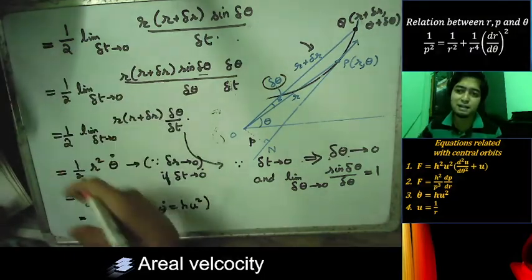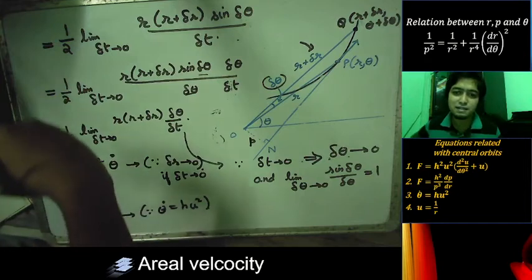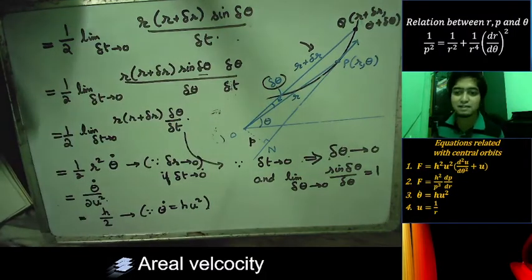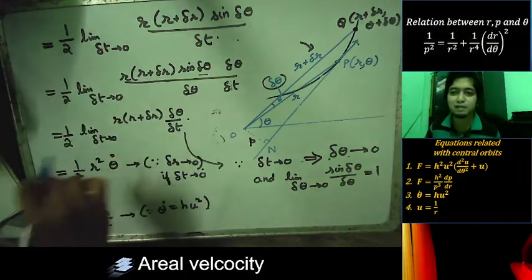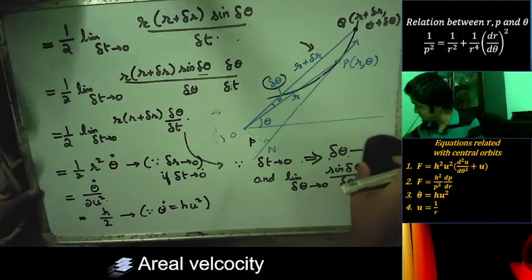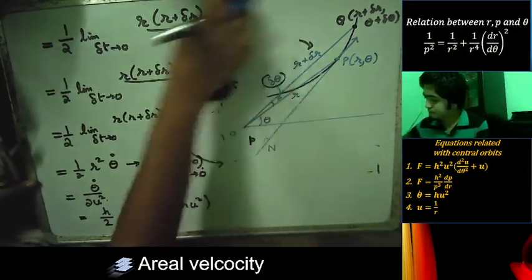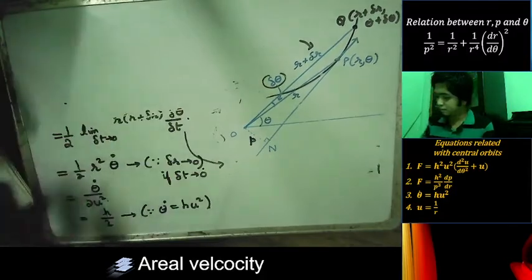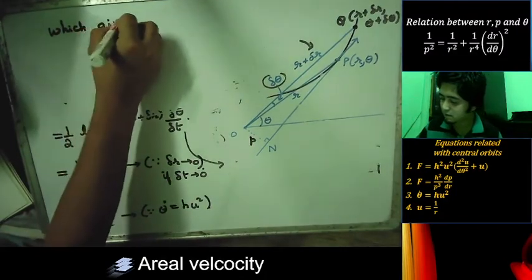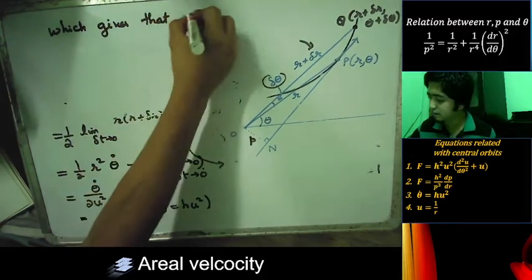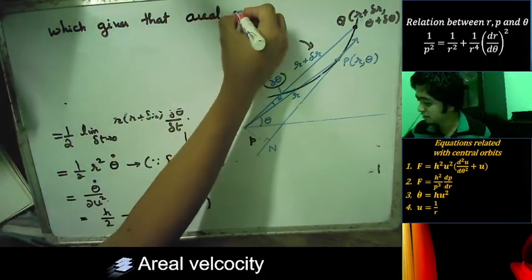This says that the areal velocity is constant, because h is a constant, as we have learned in the previous class. So this says that areal velocity is constant.